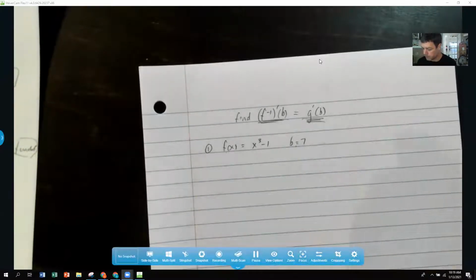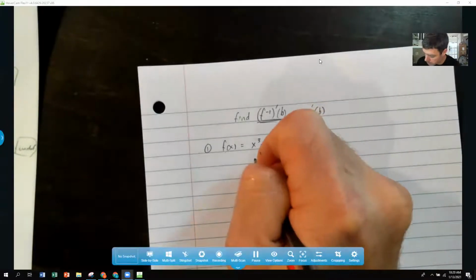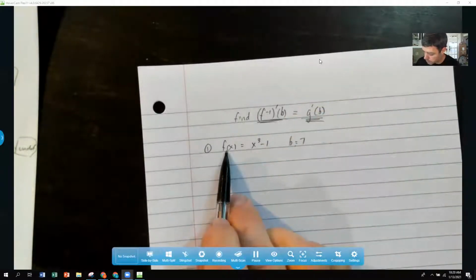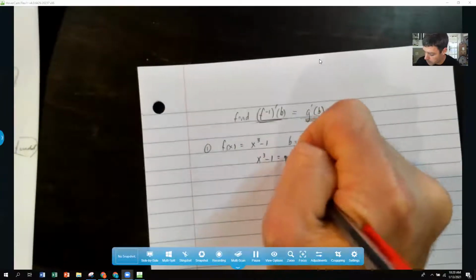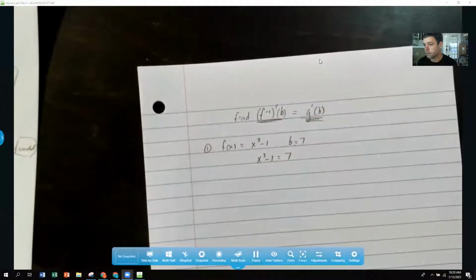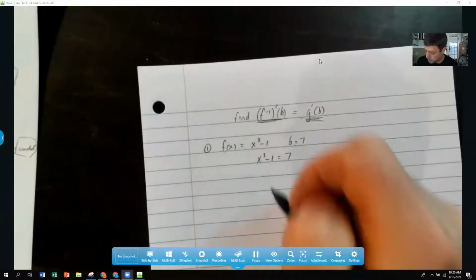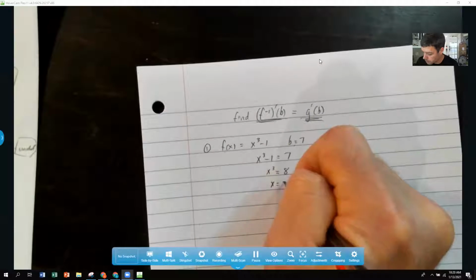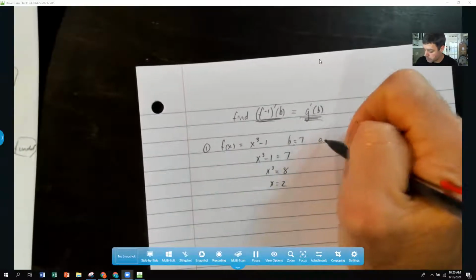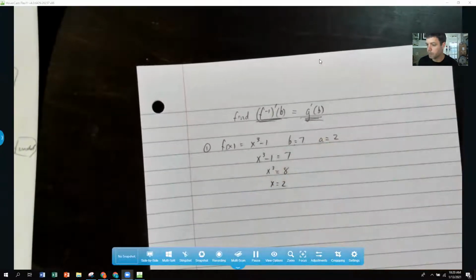Here we're only given one. So we start by saying f of x is the same as 7. So we have x cubed minus 1 equals 7. Solve. x cubed equals 8, and so x equals 2. So that means our a equals 2.